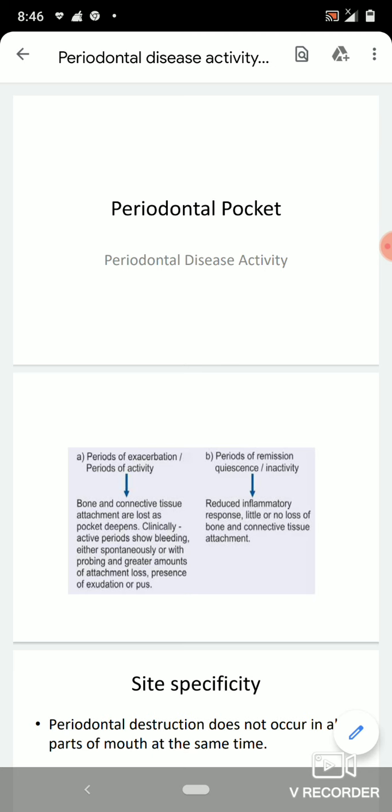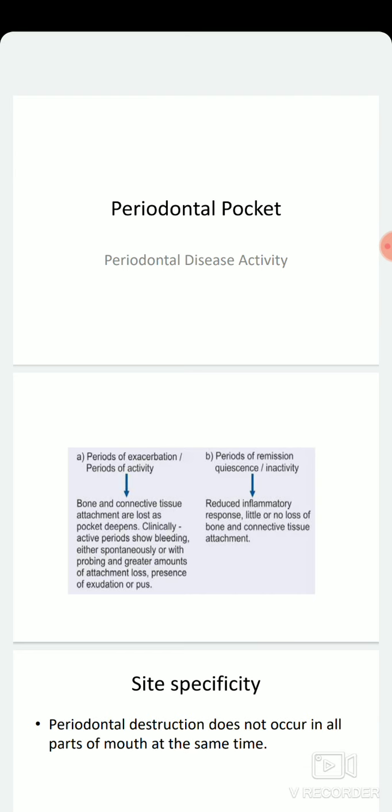According to this concept, the periodontal pockets go through periods of exacerbation and periods of quiescence as a result of episodic bursts of activity followed by periods of remission.